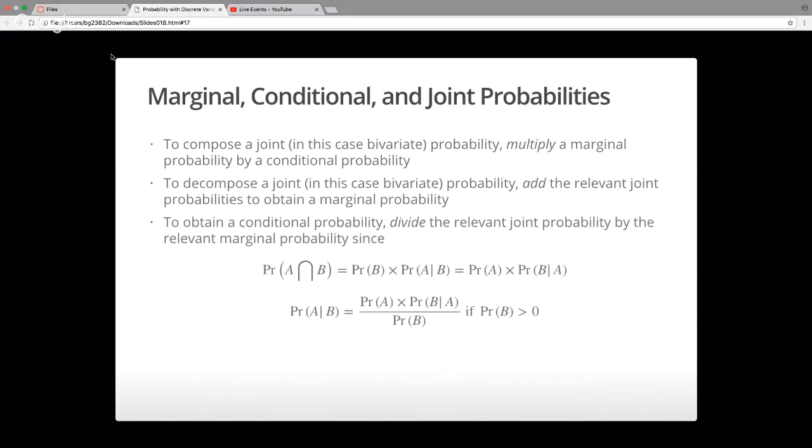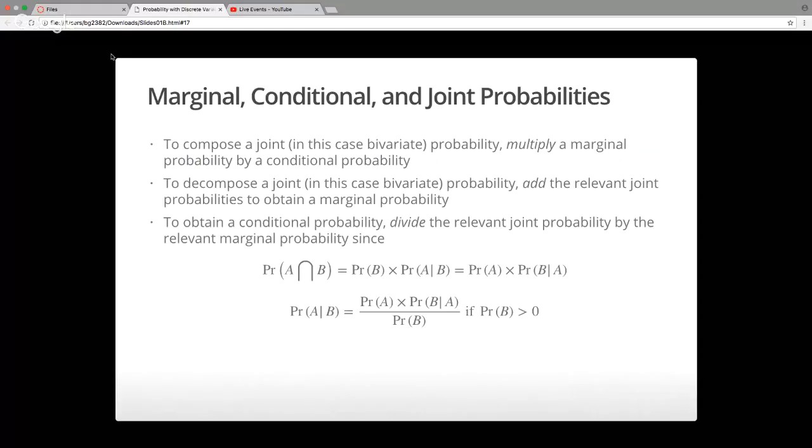And to obtain a conditional probability, we divide the relevant joint probability by the relevant marginal probability. And that can be seen by going back to the general rule for multiplication. The probability of A and B both being true can be written as the marginal probability of B being true times the conditional probability that A is true, given that B is true.